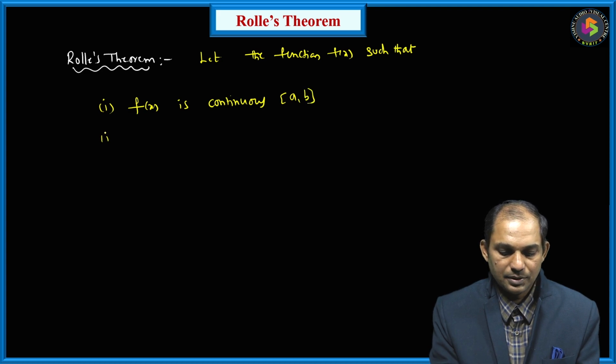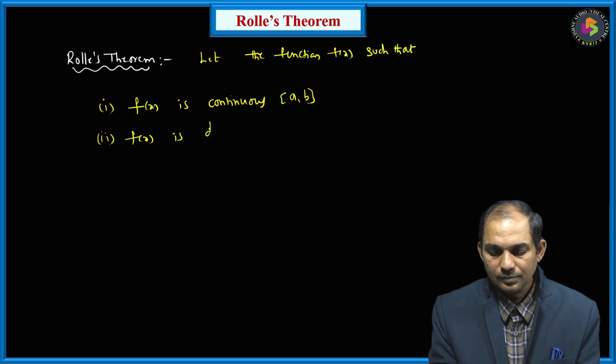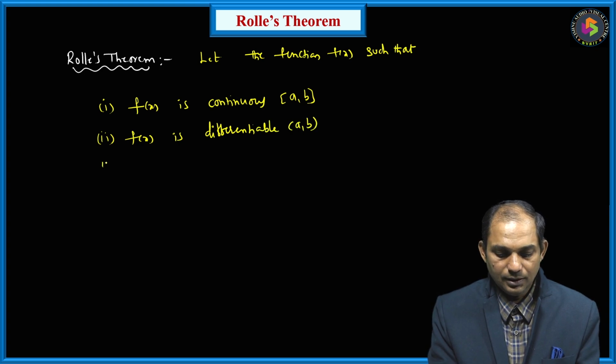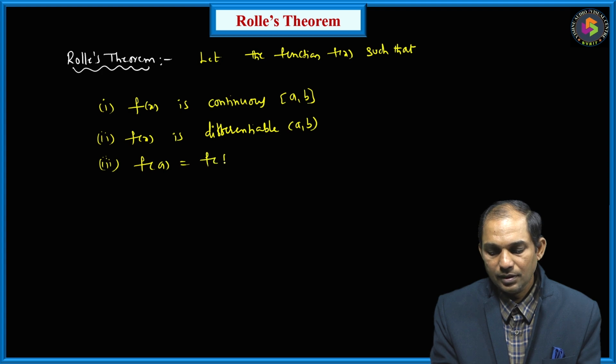The second condition to be satisfied is f of x is differentiable in the open interval a comma b. The third condition to be satisfied in Rolle's theorem is f of a is equal to f of b.